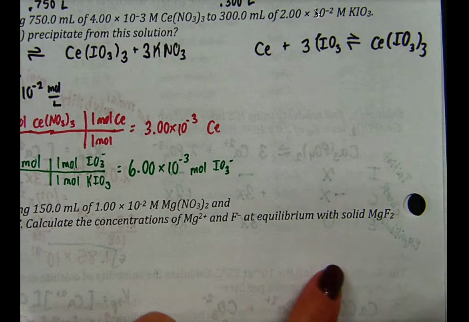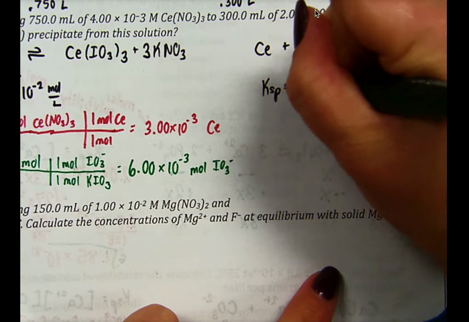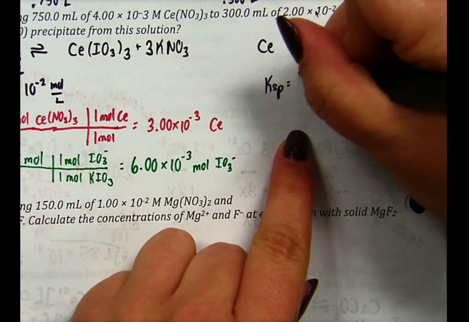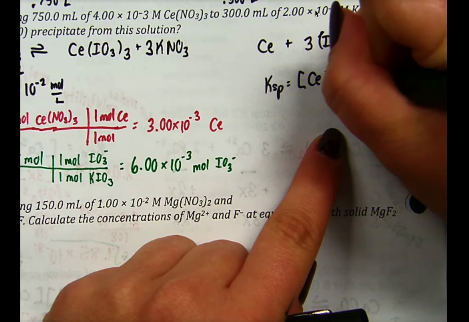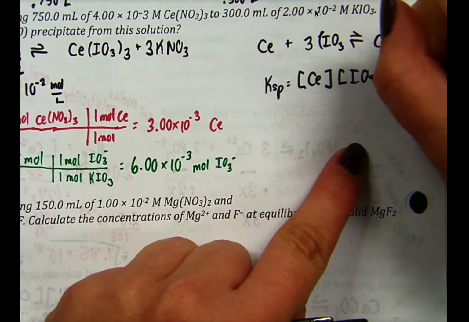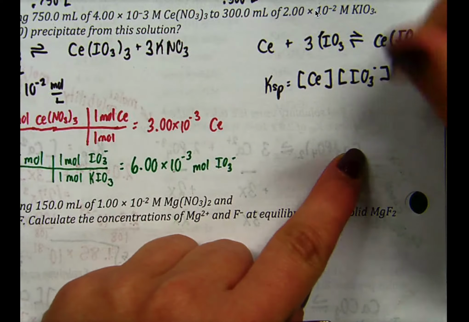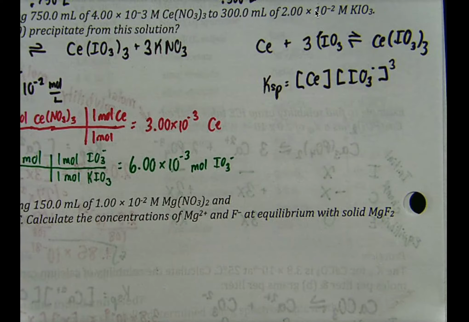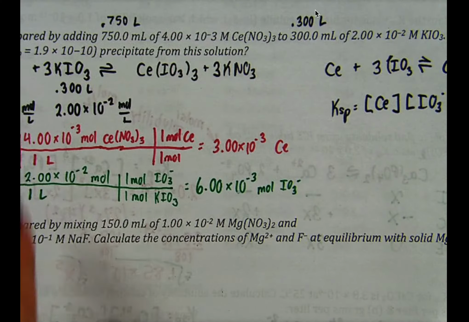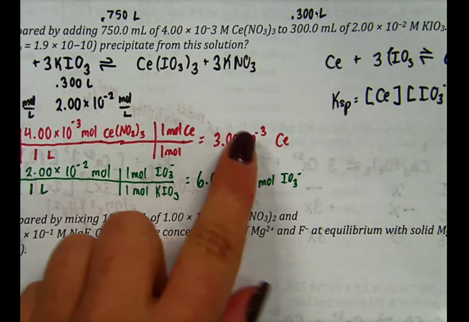Okay, that means our Ksp expression would look like concentration of Ce times our concentration of IO3 minus cubed.